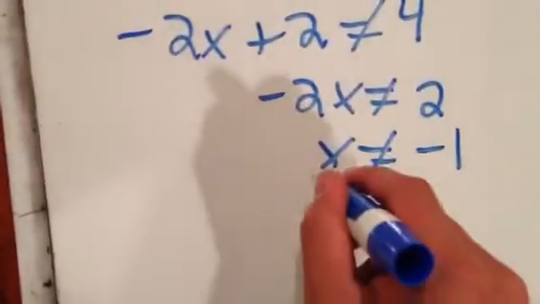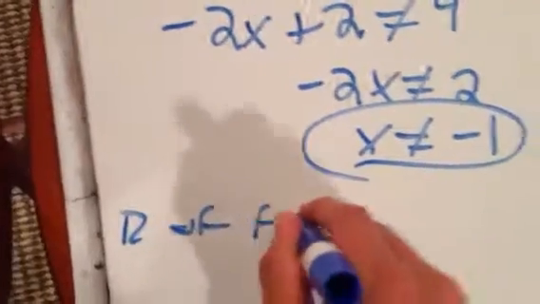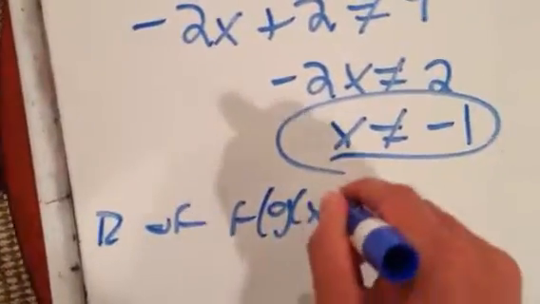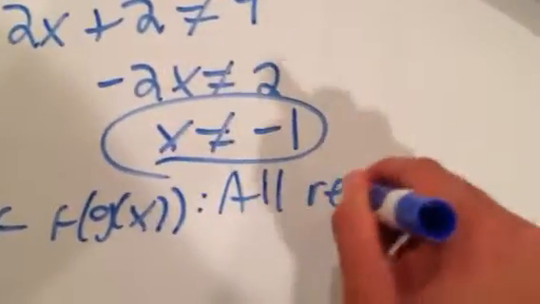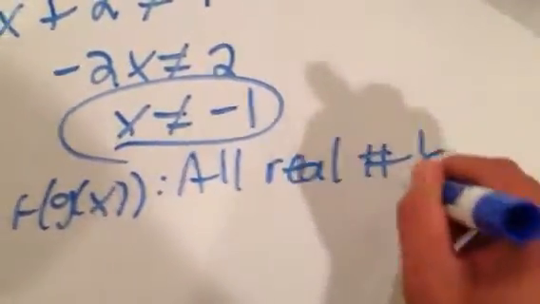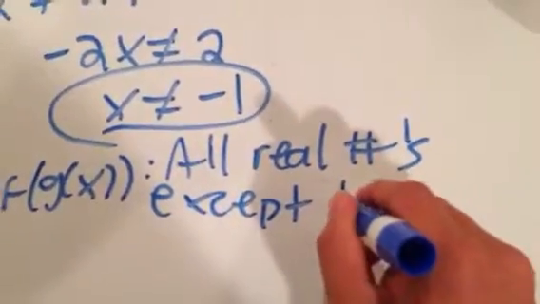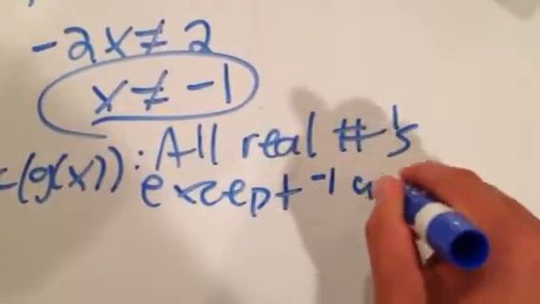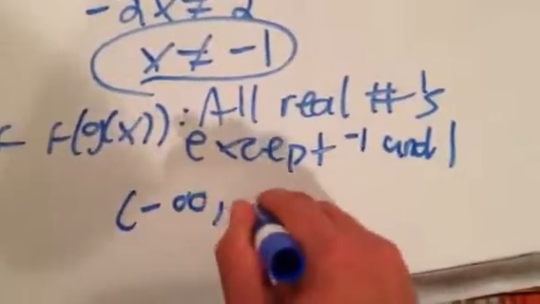Which means that the domain of f of g of x is all real numbers except negative 1 and 1.